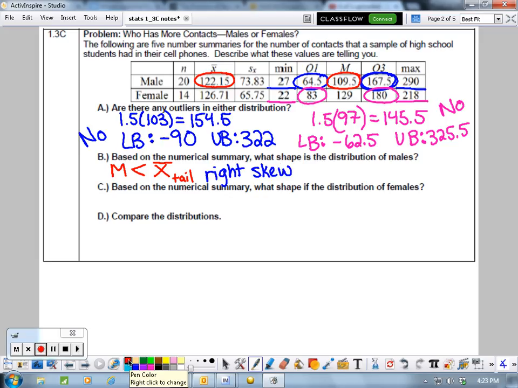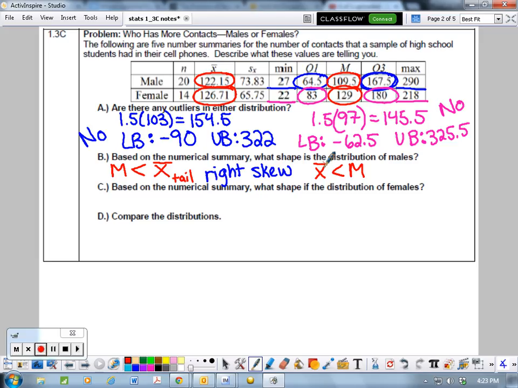So now I'm going to look at females. My mean is 126.71. My median is 129. Those are kind of close, closer than the males were. So it's not a huge amount of skew, it's going to be slightly skewed. But my median is bigger than my mean.